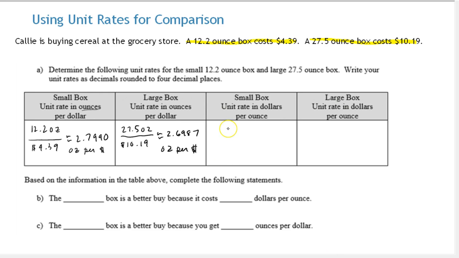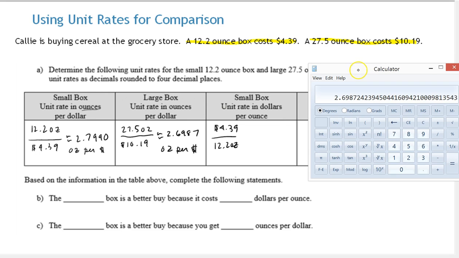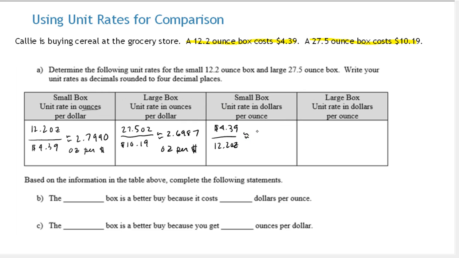So we have $4.39 over 12.2 ounces. $4.39 divided by 12.2 gives us, to 4 decimal places, approximately 0.3598, and that's in dollars per ounce.